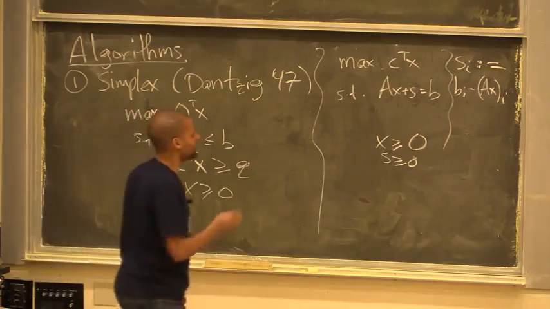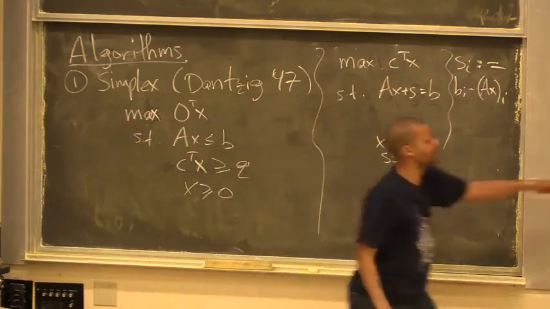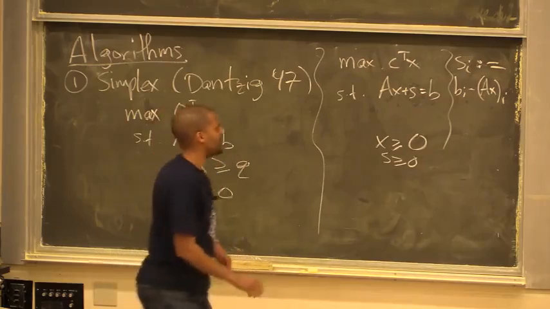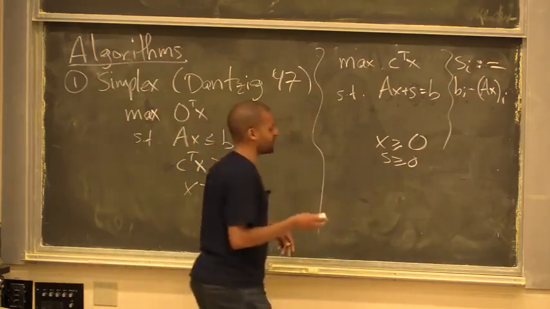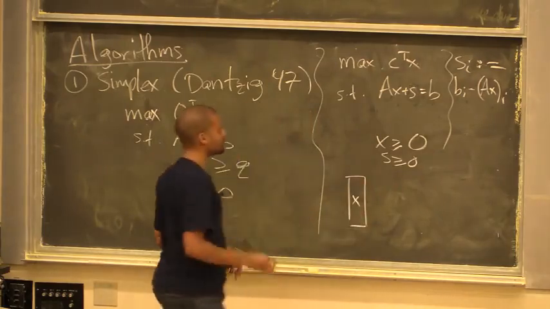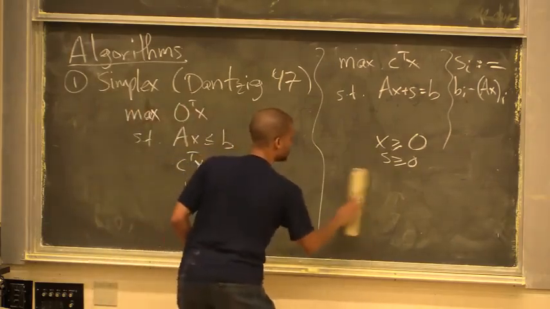Right? So I can convert this original LP into this format. And this itself, I can basically make a new vector. So before I had x, and I had A, actually let me write it like this.